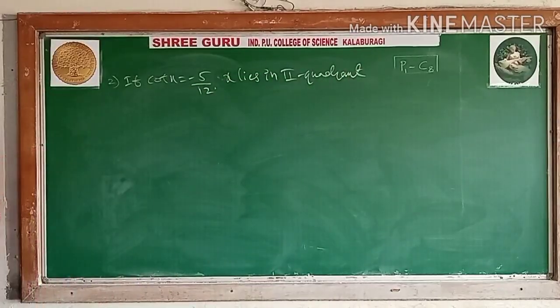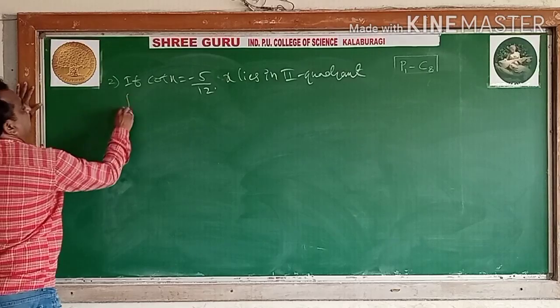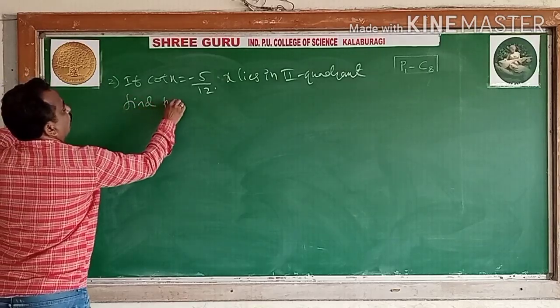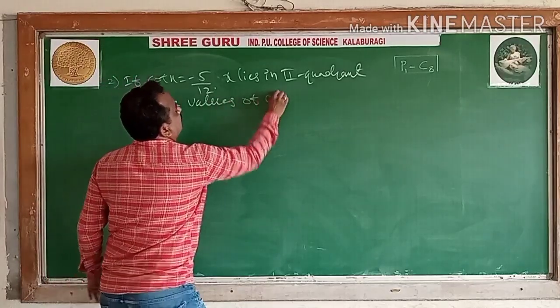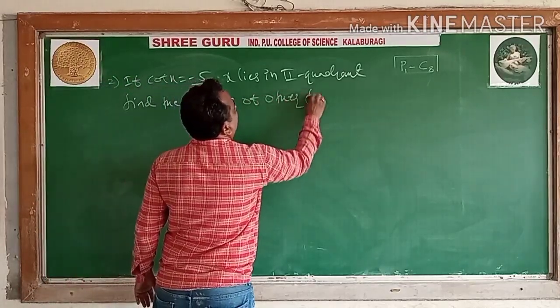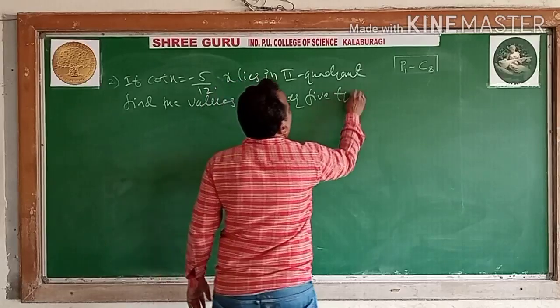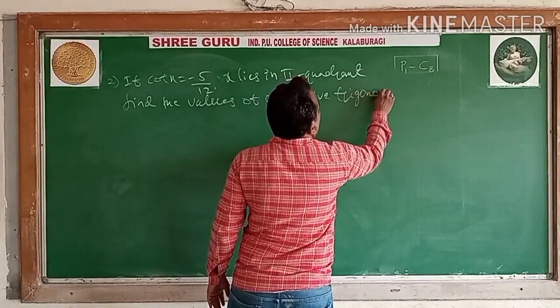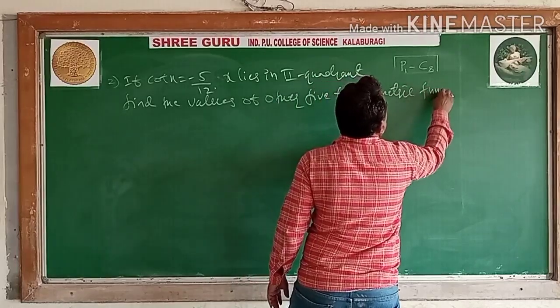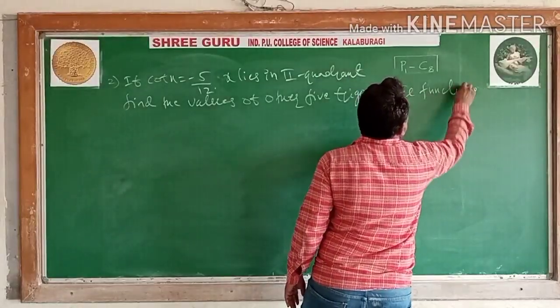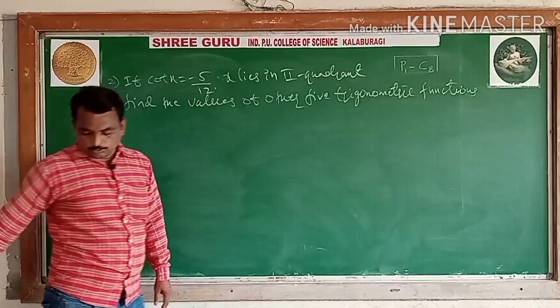Cot x is equal to minus 5 by 12, x lies in the second quadrant. Find the values of the other 5 trigonometric functions. Let us see this second example also with both the methods.